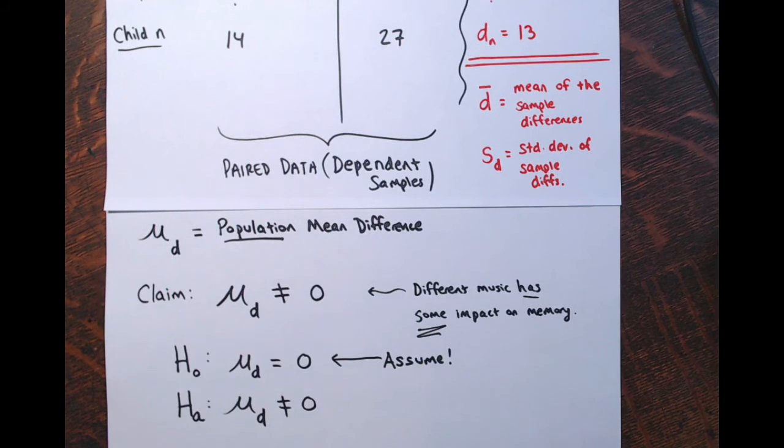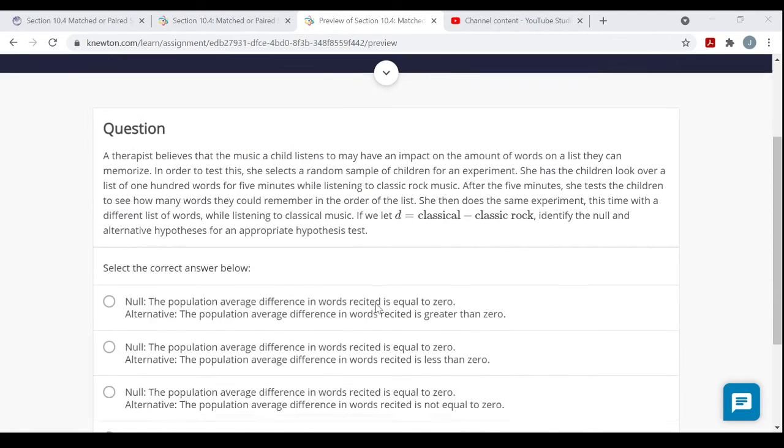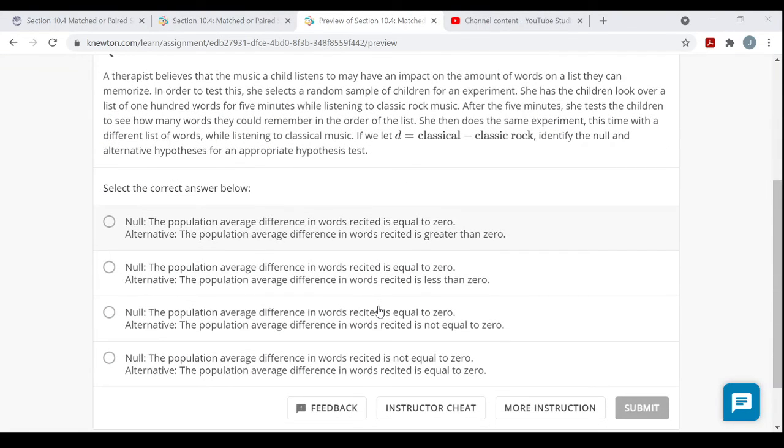So let's keep this in mind when we go back here. Now they wrote it out in words. What would be the null and alternative hypothesis here? Well, I already told you, the alternative is the third one: the population average difference, that's that mu d, in words recited is not equal to 0, meaning there is some sort of impact by the different kinds of music.